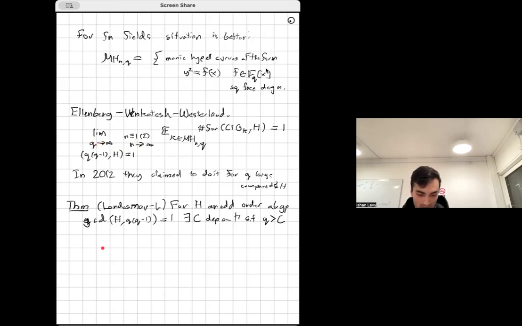Namely, if you look at the limit for n congruent to 1 mod 2 and n approaches infinity of the expected number of surjections from the class group of O_K to H, then this is 1.